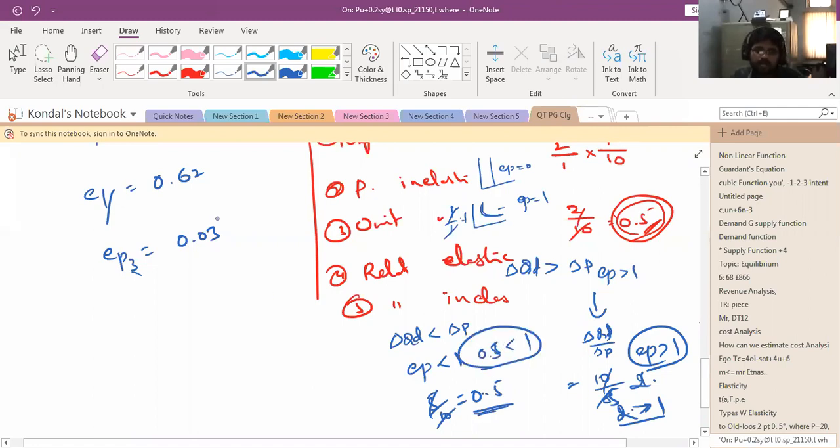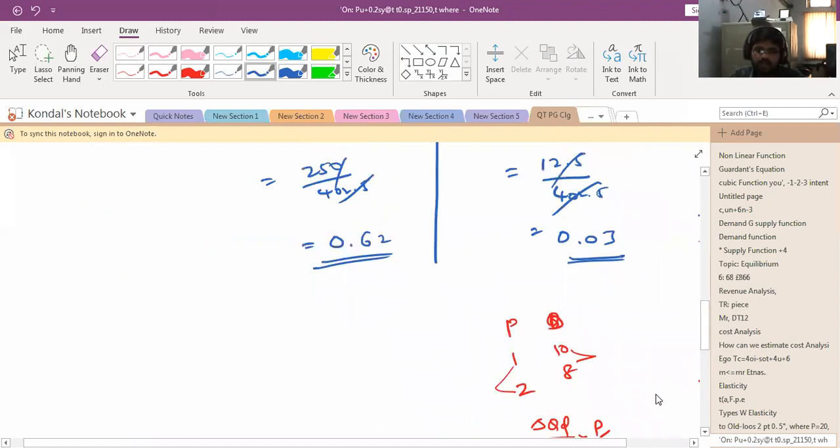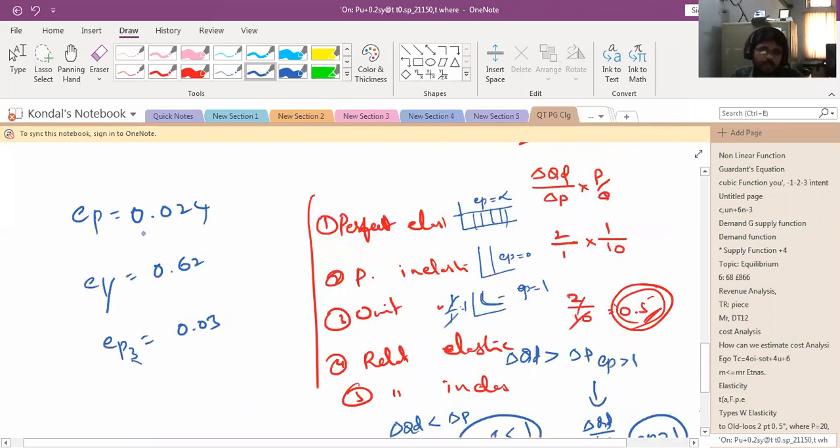So whatever values we got here, the 3 values with regard to price elasticity, income elasticity and cross elasticity, what kind of elasticity is existing here? We got the elasticity of price equal to 0.024. What does it mean? Price inelastic demand.